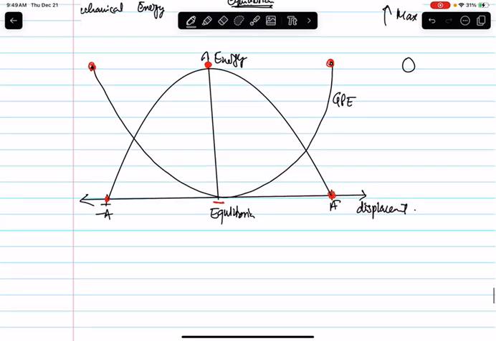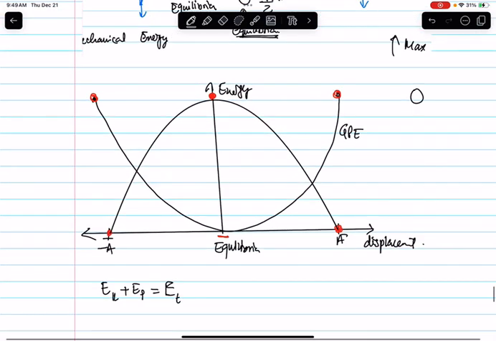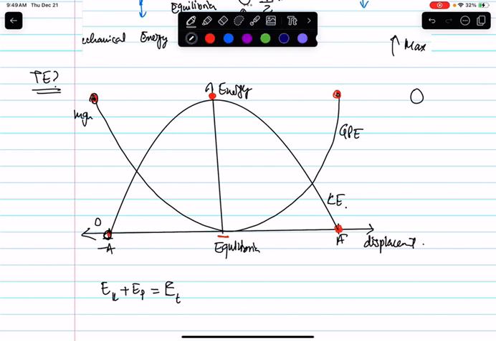Now, as we saw, the kinetic energy plus the potential energy is equal to the total energy. If you want to graph the total energy, all we simply do is add up the individual points. At the amplitude, the kinetic energy is 0 and the gravitational potential energy is mgh, so if you add these 2 points, you get something like this. At the equilibrium position, the gravitational potential energy is 0 and the kinetic energy is maximum, so you get this.